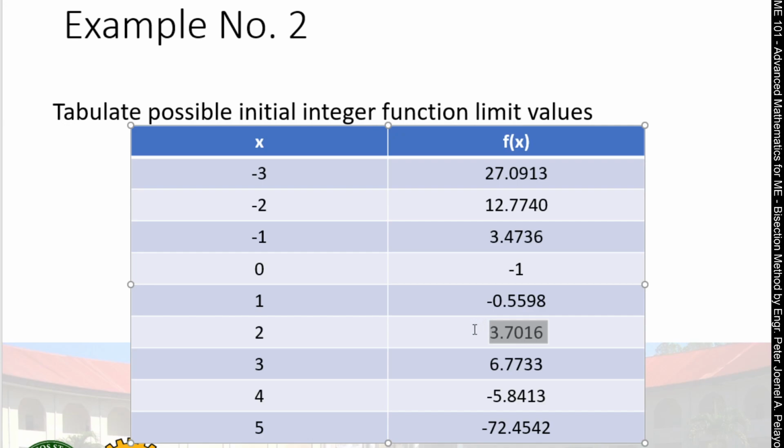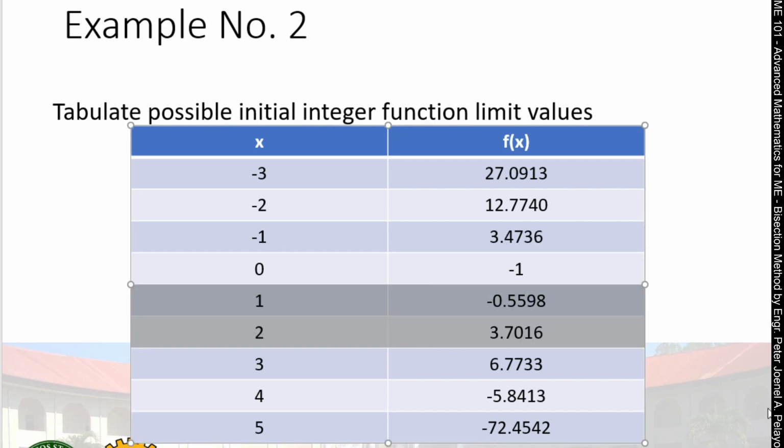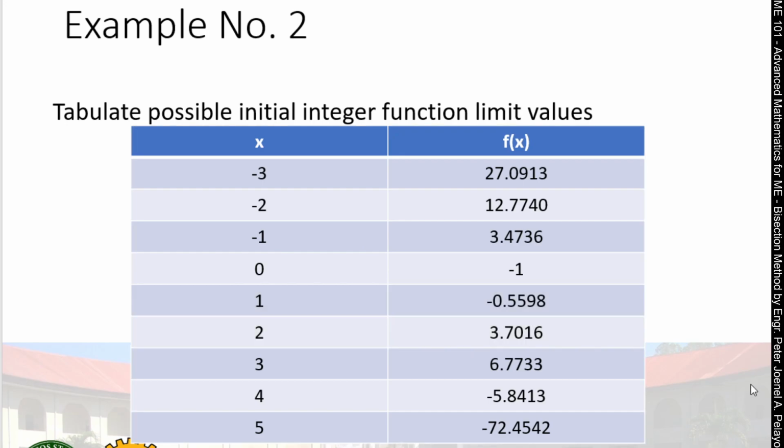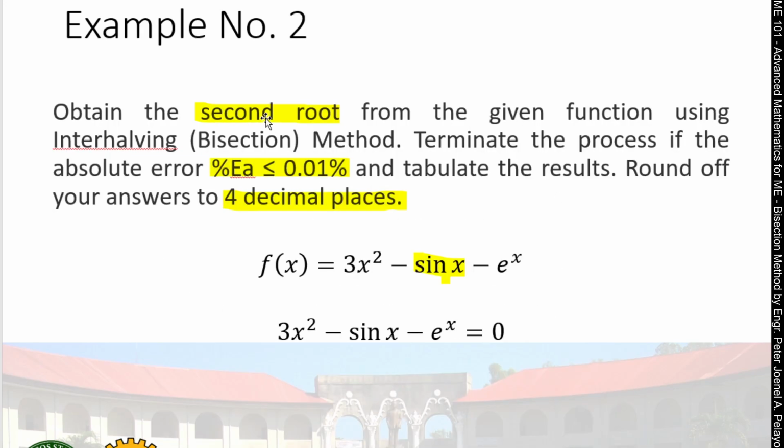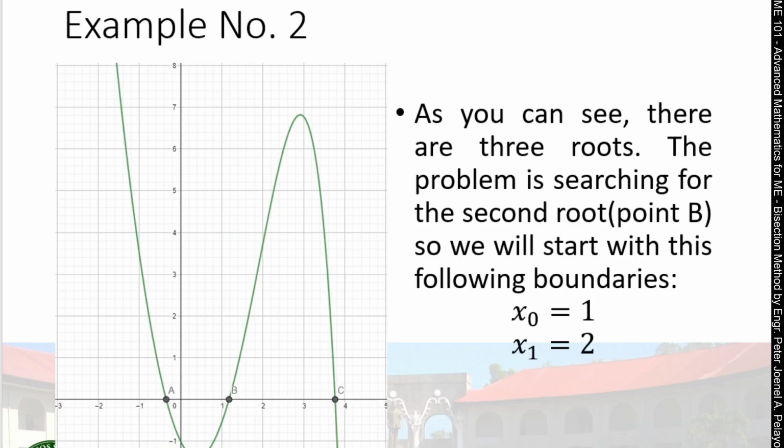Okay? And then, third root is between 3 and 4, kasi from positive 6.7733, naging negative 5.8413. So, ang kailangan lang natin is dito sa 1, 2, kasi second root yung kinukuha natin.